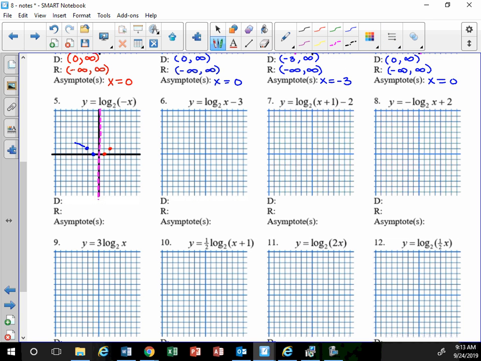And then you can sketch your shape. So what's your domain this time? Yeah, negative infinity to 0. Range is negative infinity to infinity. Asymptote x equals 0. Okay.